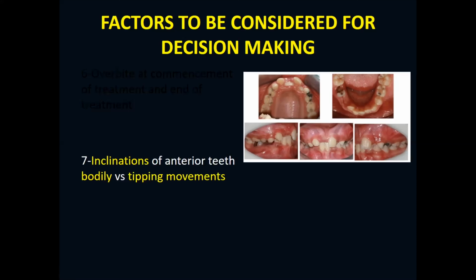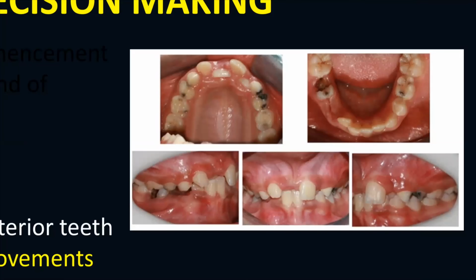So the next step, for making a decision on the correction of the anterior crossbite, is whether bodily tooth movement is required or a tipping movement is required. As we know, the removable appliance can only tip the incisors. So what is the initial inclination of the upper incisors that are in the crossbite?